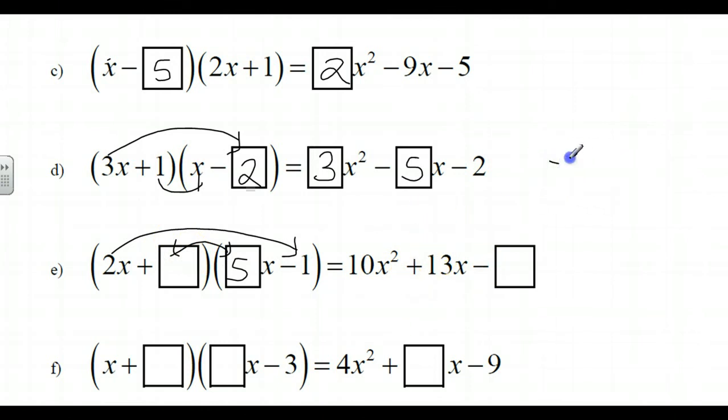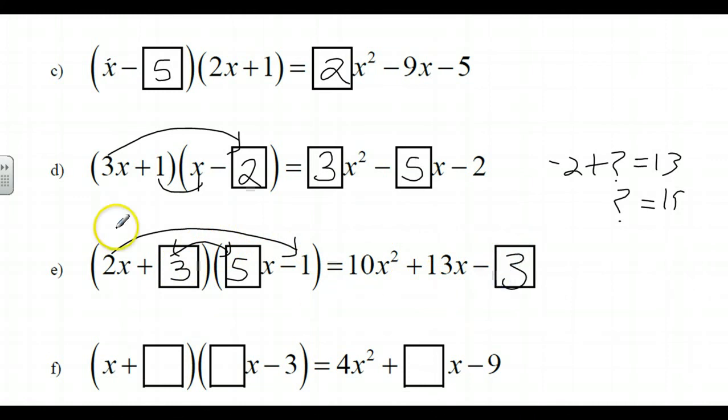So you might go over here and say minus 2 plus what is equal to 13. So that what is 15. And I've got a 5 here. How am I going to get a 15? I'm going to put a 3 here. So let's check this out. 10x squared minus 2x plus 15x is plus 13x, and this will give me minus 3.